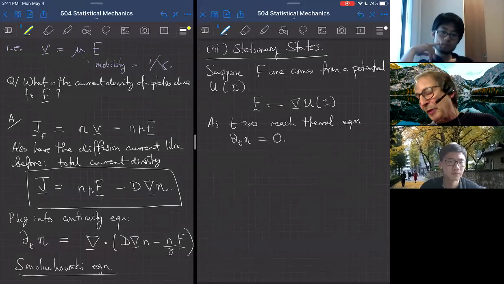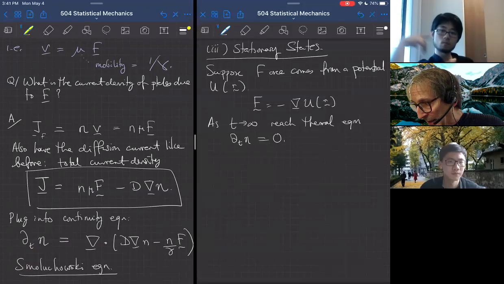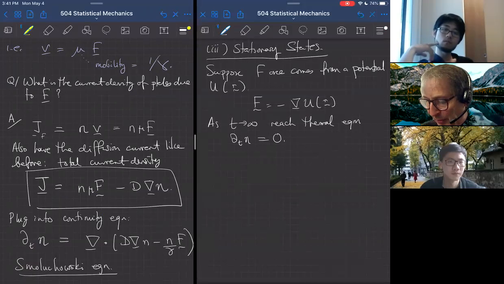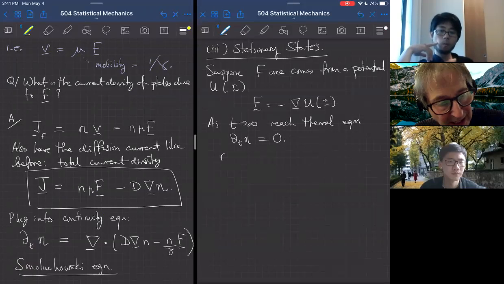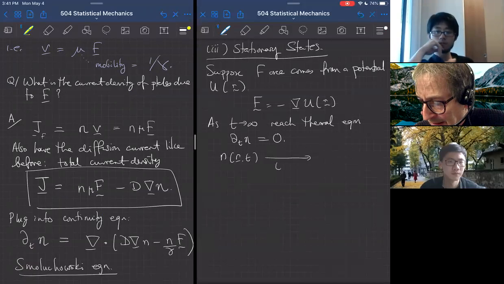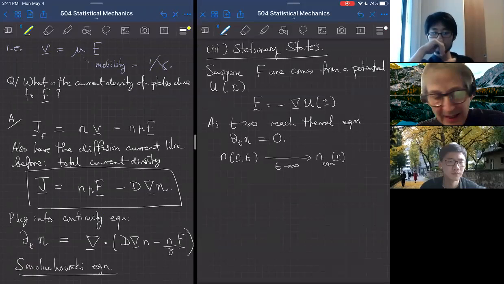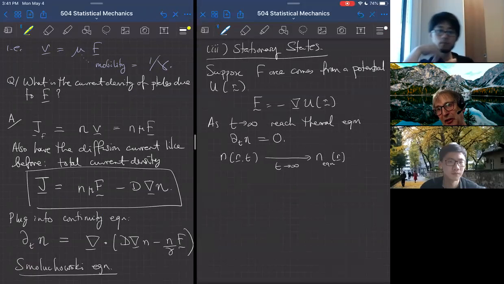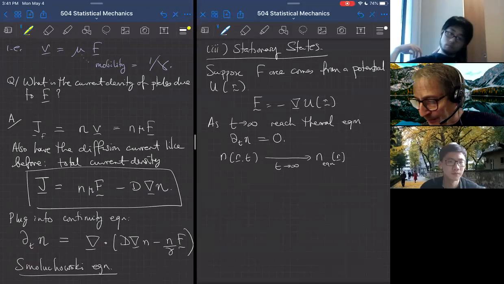So this is just like what we did early on in the course when we did the principle of detailed balance. So what we know is going to happen is that n of r and t, as t goes to infinity, is going to go to n equilibrium of r. And what is n equilibrium? Well, it's just going to be given by the Boltzmann distribution.